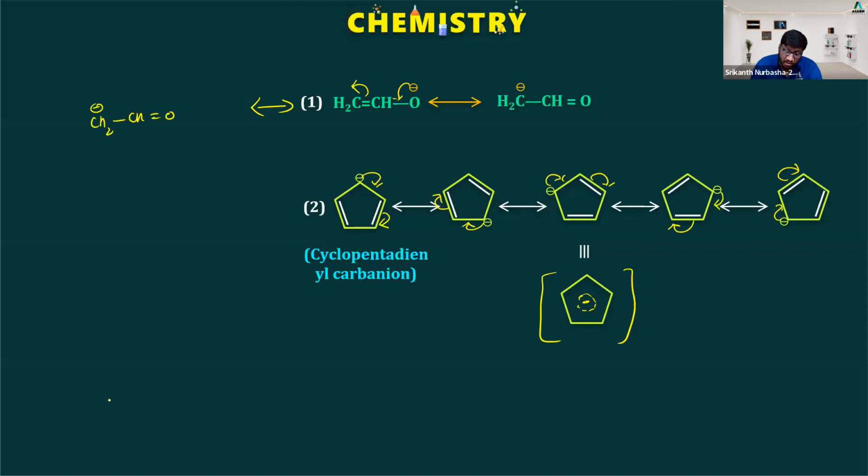Those were the resonating structures in the cyclopentadienyl carbanion. Is that clear, students?